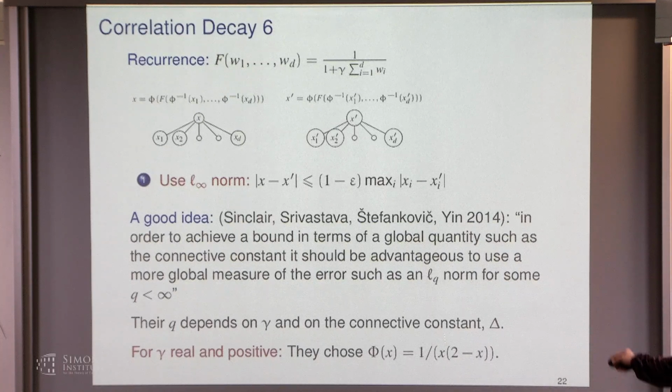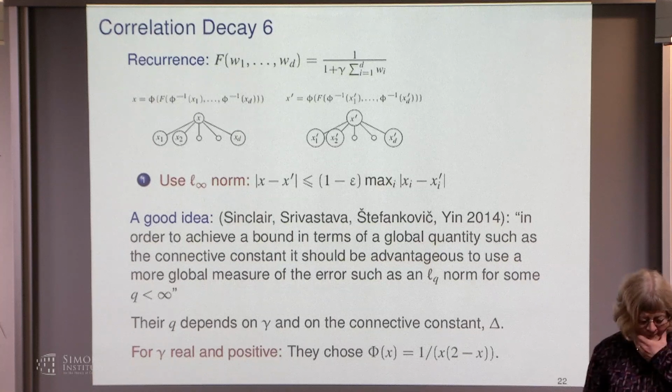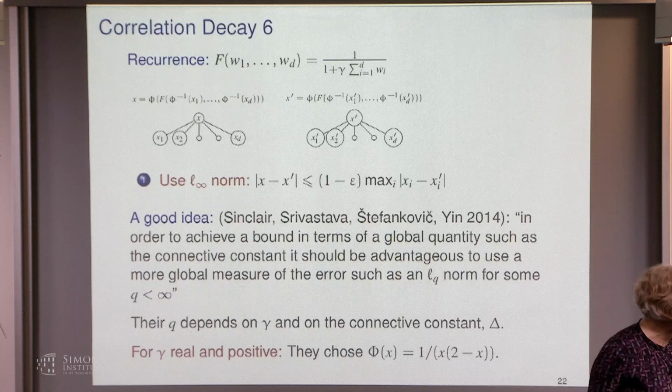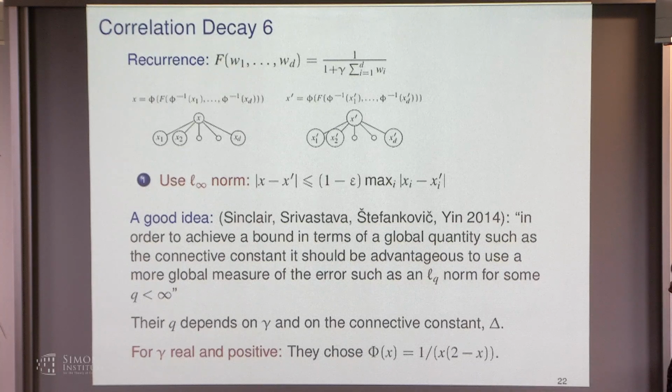The norm they chose depends on the various parameters, on delta, the connective constant, and on gamma. So what we did to get the algorithm to work was to try to generalize their choice of norm and their choice of potential function, which I've written here, to the complex case.